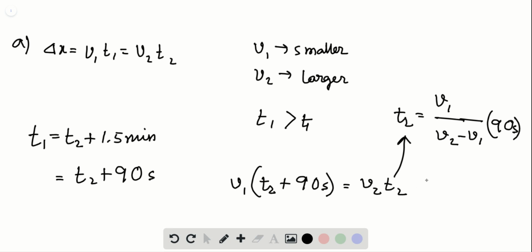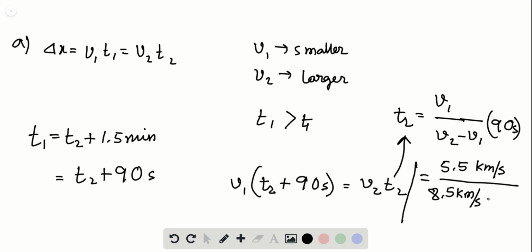So now using the given values in the problem, we have v1 as 5.5 kilometers per second, divided by 8.5 kilometers per second minus 5.5 kilometers per second, and we also need to multiply by 90 seconds. So that finally gives us 165 seconds.